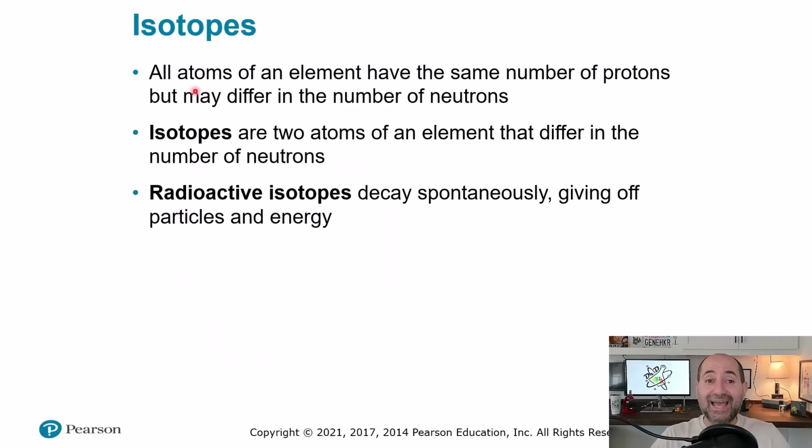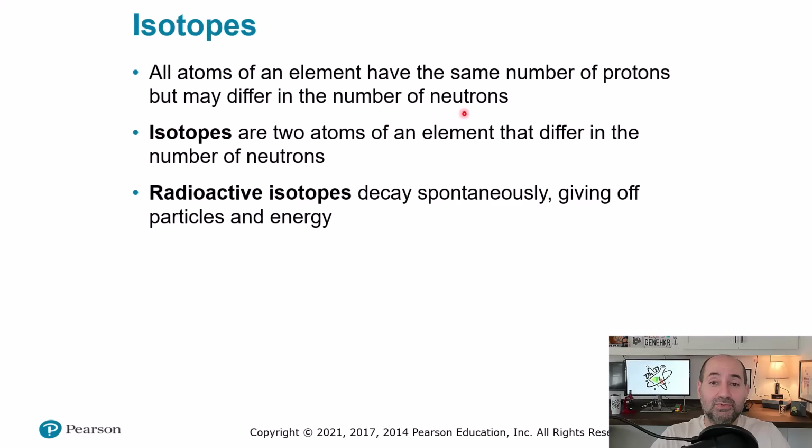Now, all atoms of a particular element have the same number of protons. For instance, carbon always has 6 protons. However, the number of neutrons can actually vary.